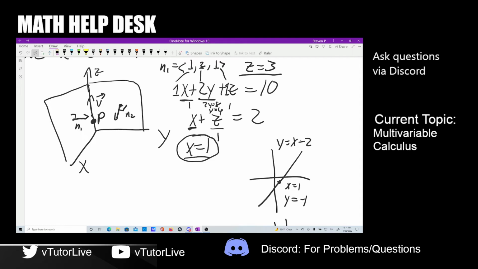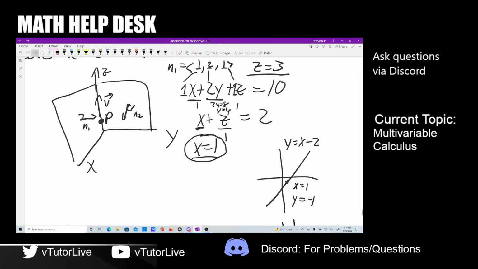Now, part 5 asks why the vector v must be perpendicular to both these normal vectors. Okay, very good. So on this picture that I have here, just intuitively, you can see this is true, right?